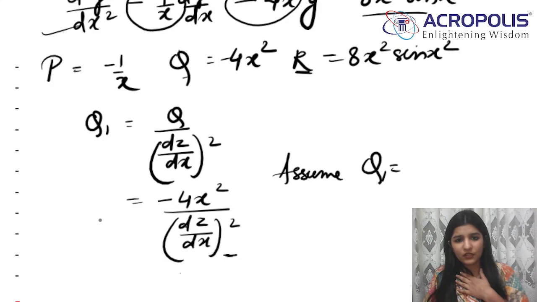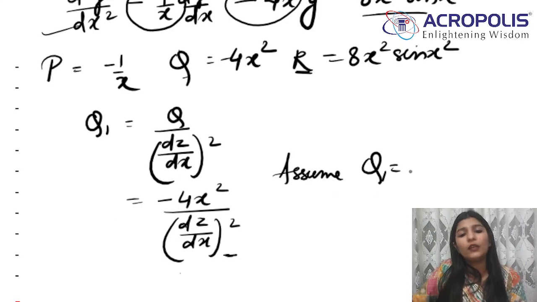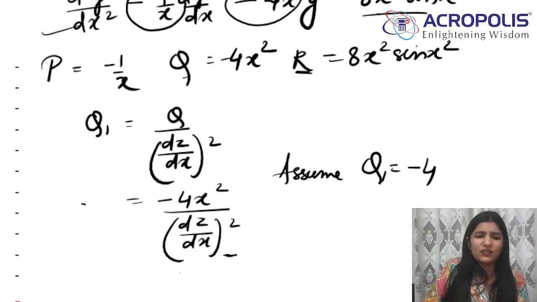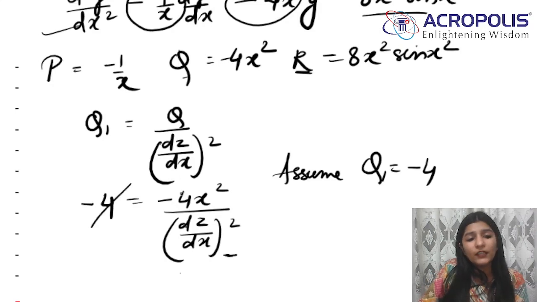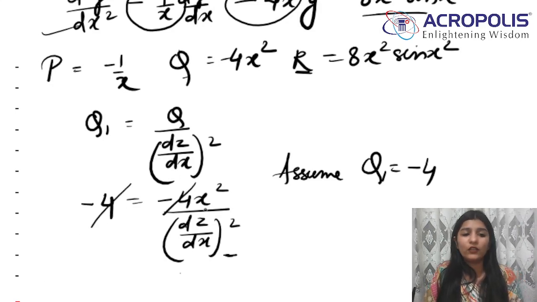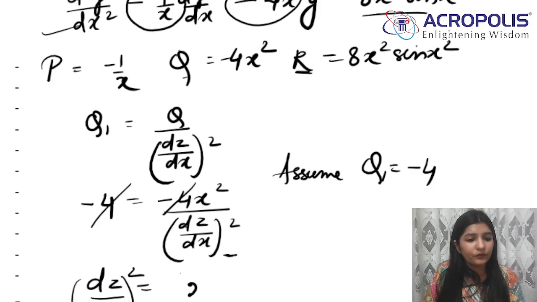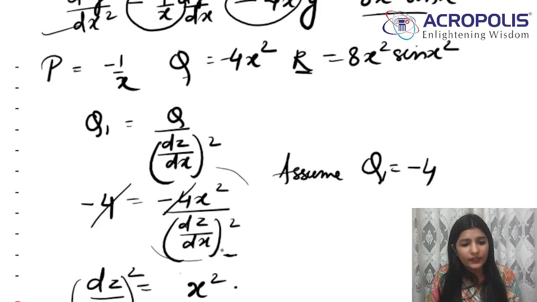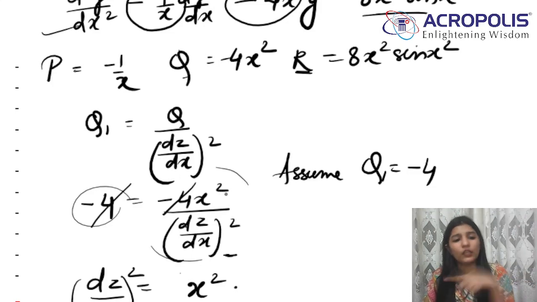So I am taking q1 as minus 4. Minus 4 on the left hand side and right hand side will be cancelled out, so here dz by dx whole square and here x square. I am suggesting if q is positive, take q1 as positive; if q is negative, take q1 as negative.